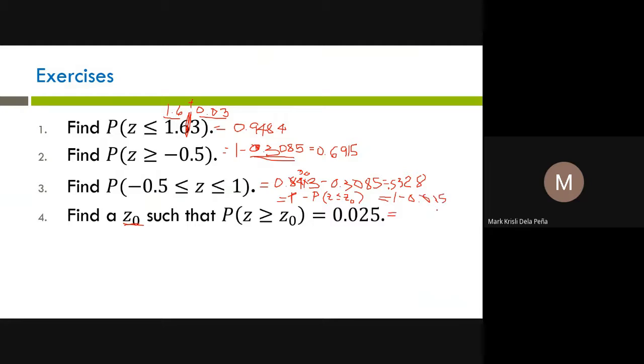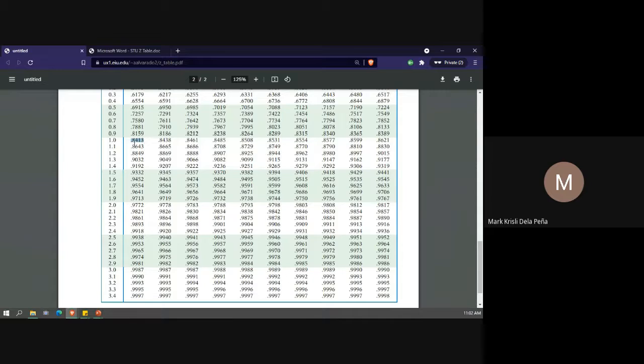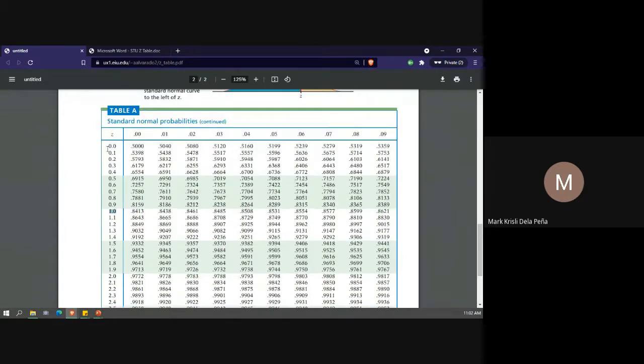That's 0.975. So we'll look for a z where the area is 0.975.